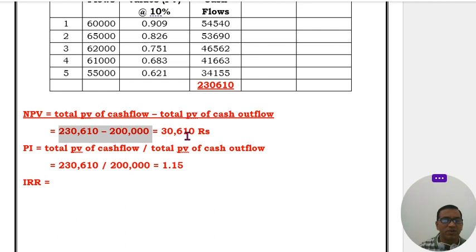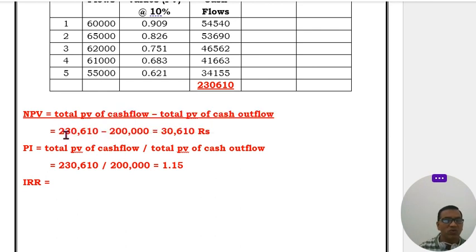NPV will be 0. So if you want this 23610 to equal 200,000, you have to reduce the value. In order to make both of them equal to get NPV 0, simple logic, this 23610 has to be decreased. The value has to be decreased.